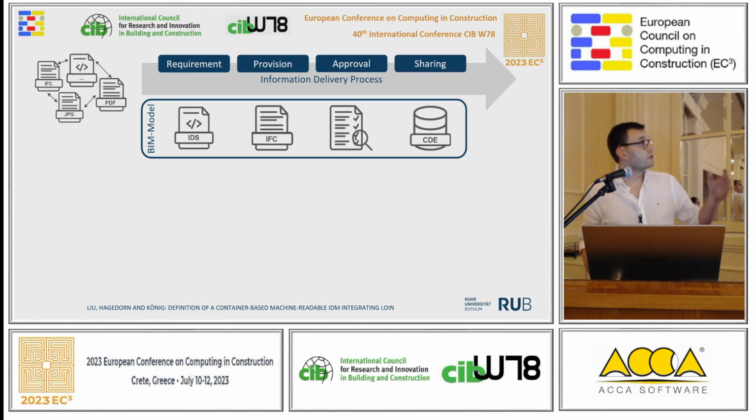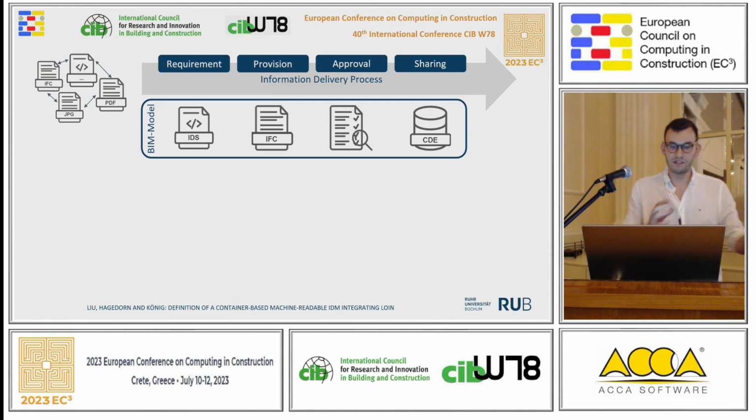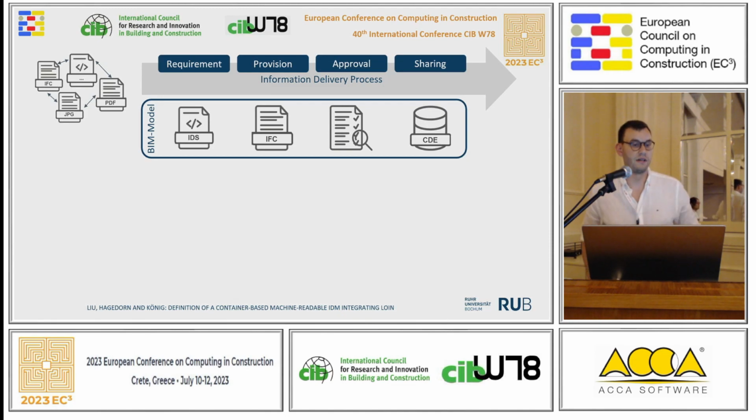However, usually we don't just exchange IFC models, but also a bunch of different other heterogeneous data like PDF files, like images, whatsoever. As we already heard in Anne's presentation, there's a lot that is transported within a data exchange maybe.